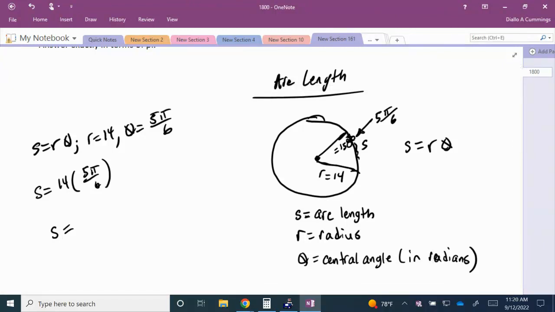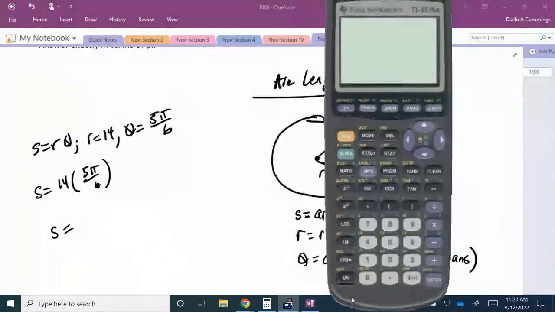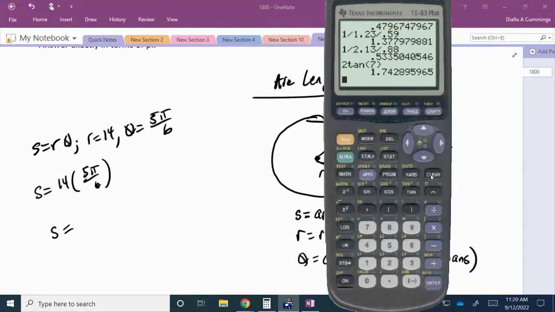So I'm going to just bring the calculator over. All right, so since I'm not using one of the trig functions, sine, cosine, or tangent, I don't have to be particularly concerned with the mode of my calculator. So I'm going to just put this in as 14 times 5 times pi.